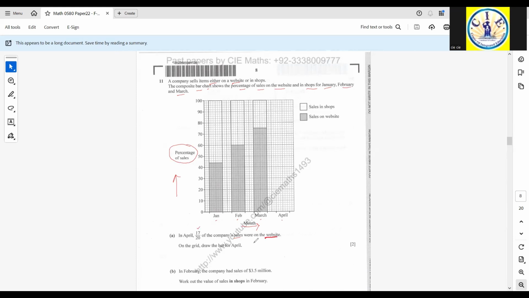On website. For this April, I need to see what the height of this bar is going to be. So this is 17 by 20 of the company's sales on the website, 17 by 20 of the total sales.